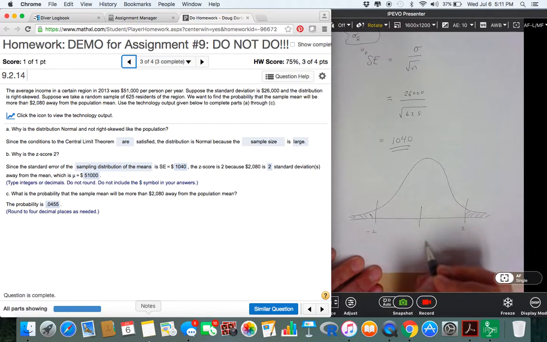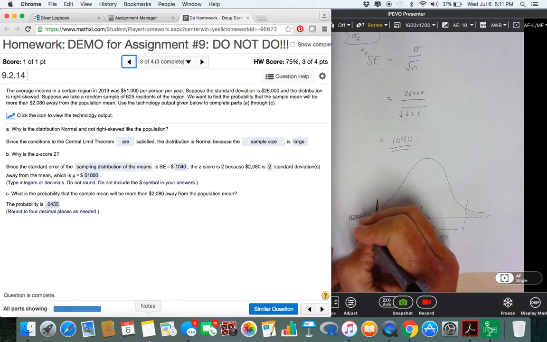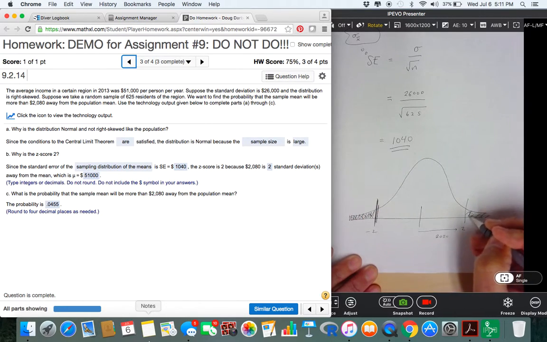So we've got our mean. The mean up to 2 standard deviations is 2080. But what if this wasn't intuitively clear and we wanted to use our calculator to find out this probability plus this probability?